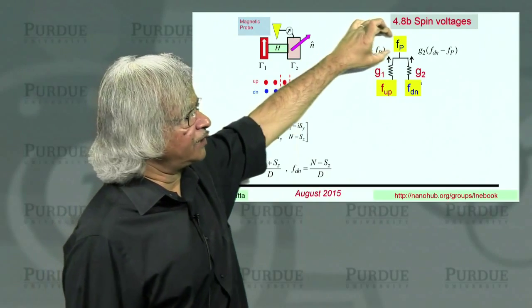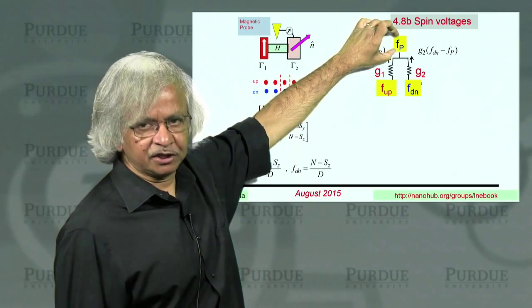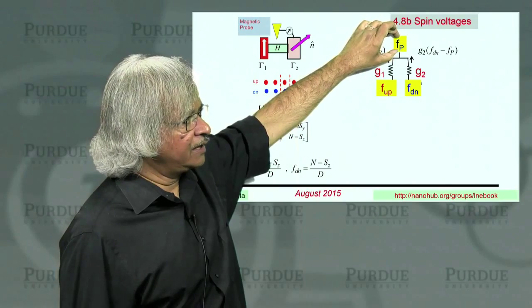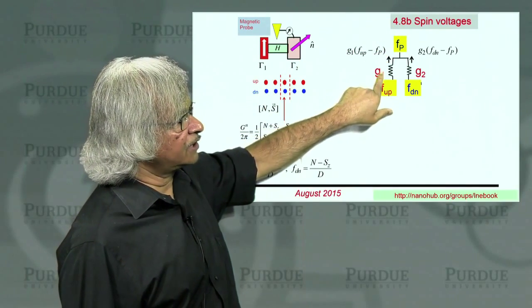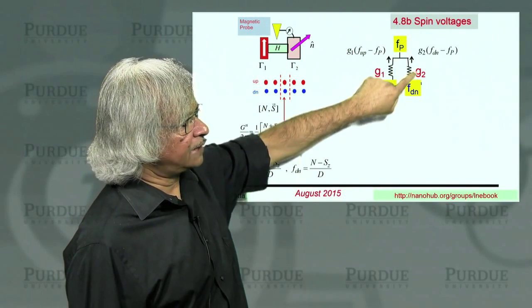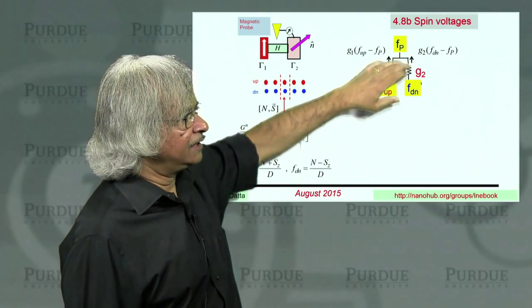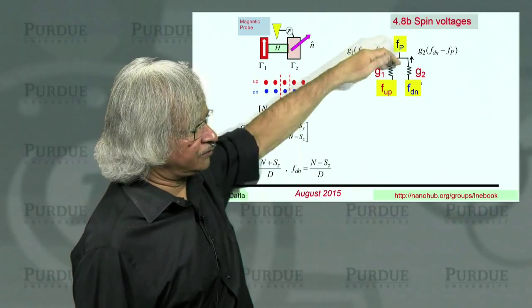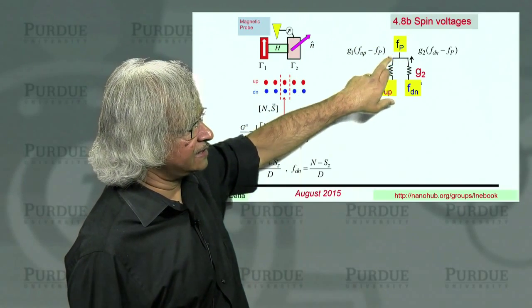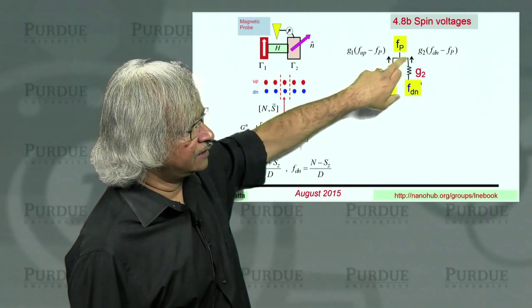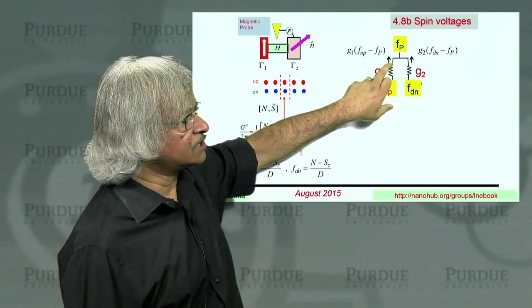Okay. Now, there's no net current here. So, the way you can figure out what this potential F or mu would be is by saying that whatever current flows here plus whatever current flows here must be 0. In other words, no current flows out of this. So, Kirchhoff's law requires that this current and this current add up to 0. So, what's this current?